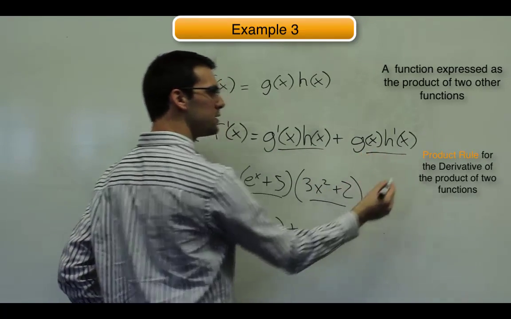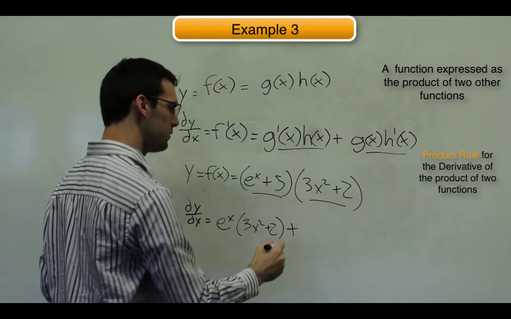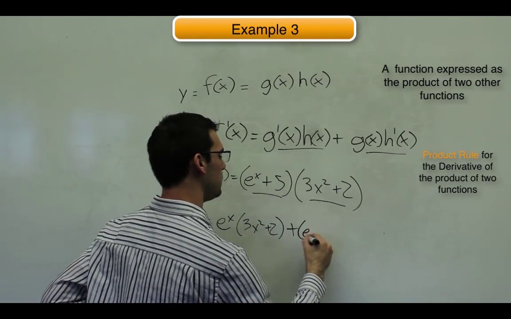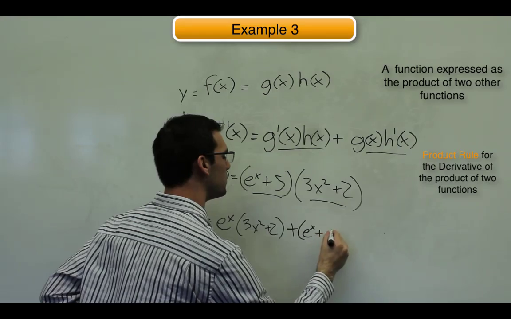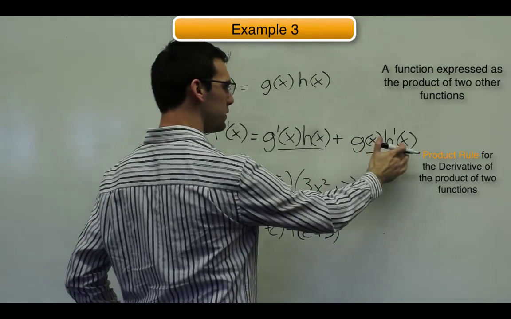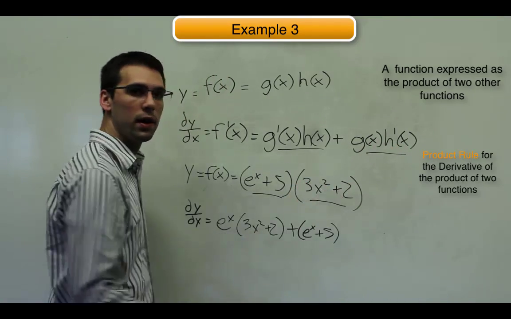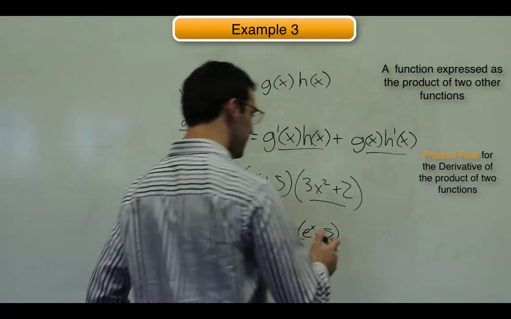Then we do g of x times h prime of x. So e to the x plus 5 multiplied by h prime of x. So that's the derivative of this. We can go ahead and use the power rule to find that derivative.